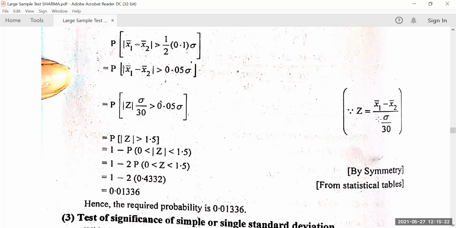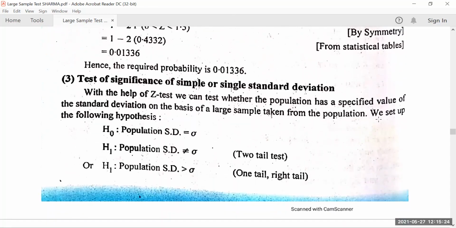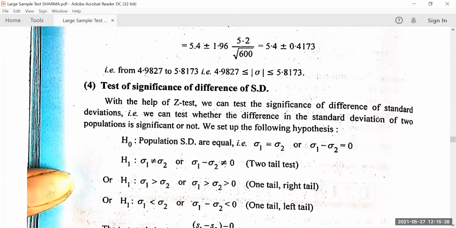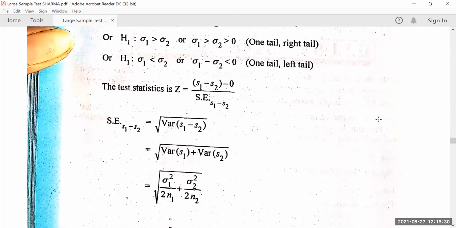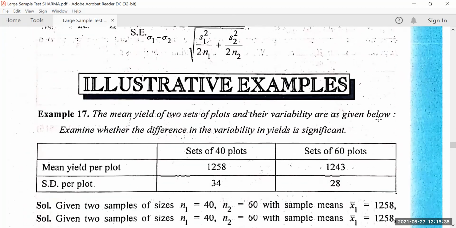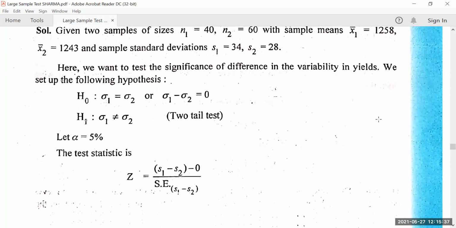Now we will continue with the proportion. We have done the standard deviations test, all the tests. We have done the test of significance of a single proportion of population.